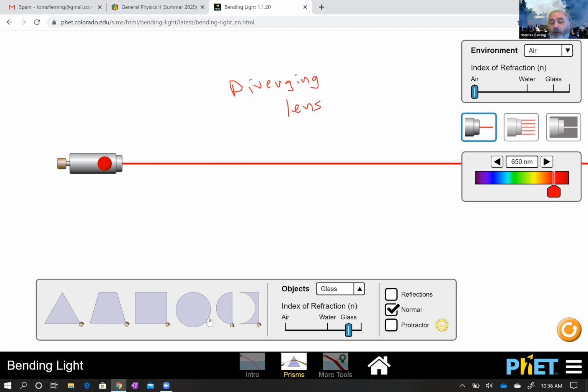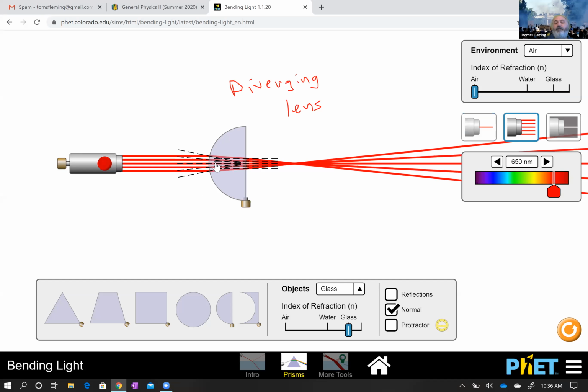And it's also going to depend on the curvature of the lens itself. Unfortunately, this simulation doesn't allow me to change the curvature. And so when I pull this piece of glass out, all of my material converges at a particular spot, and I can't change that spot.